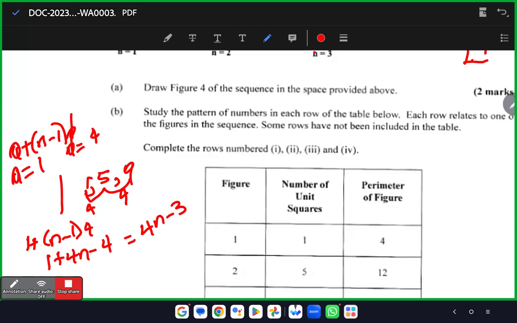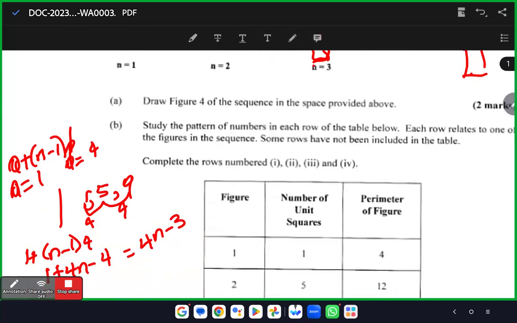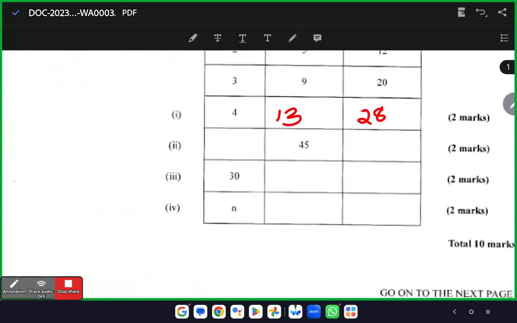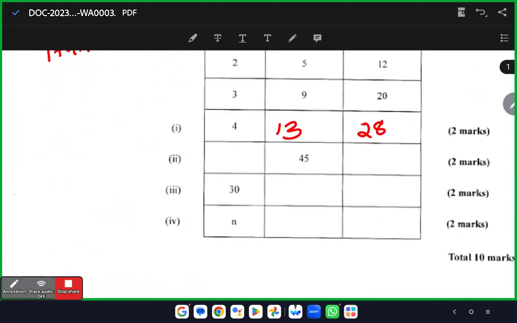That is the general formula for the number of squares. Let's put that in: 4n minus 3.